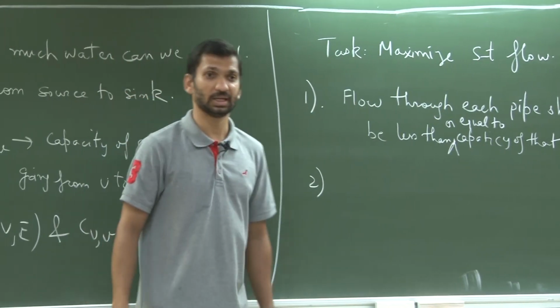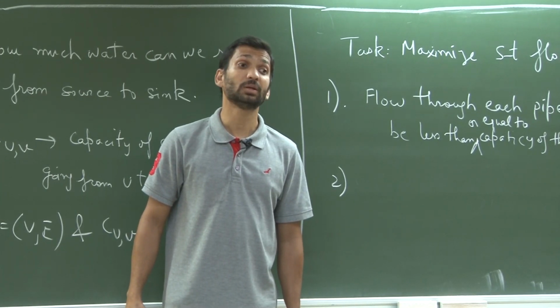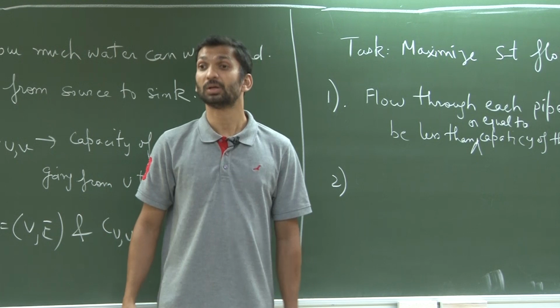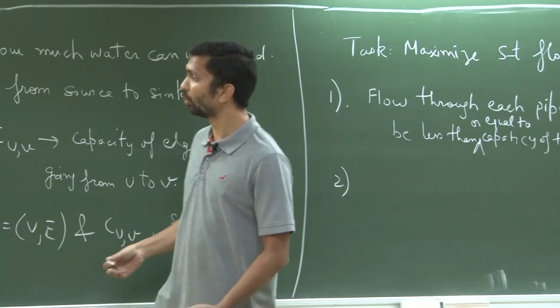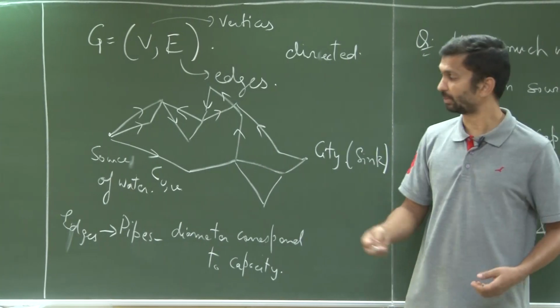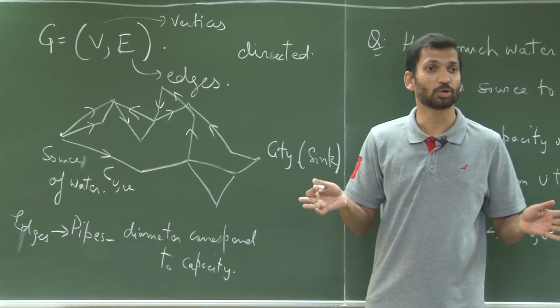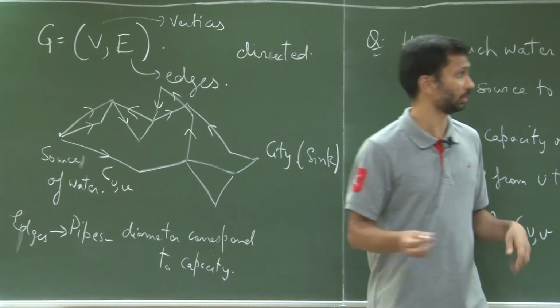Correct? Anything else I have to keep in mind? Right. I don't want water to be lost at any of these vertices. That means for each vertex, the amount of flow coming in should be equal to the amount of flow going out.